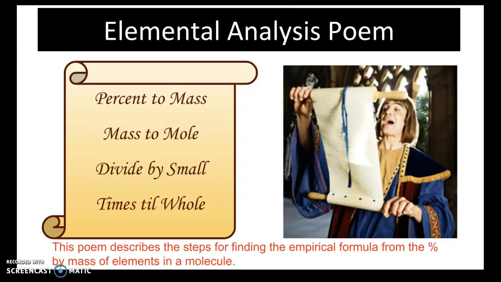And maybe that seems a little bit dry to you, so you can jazz it up, maybe make it a hip hop beat: percent to mass, mass to mole, divide by small, times to a whole, hey. All right, sorry, it's a bit corny, but I'm from the 90s, and so that fits more of my style. So here you have this poem, and these are the processes we're going to use to get our empirical formula.